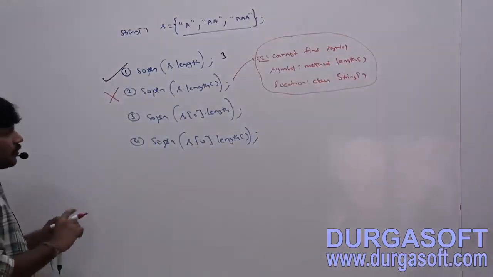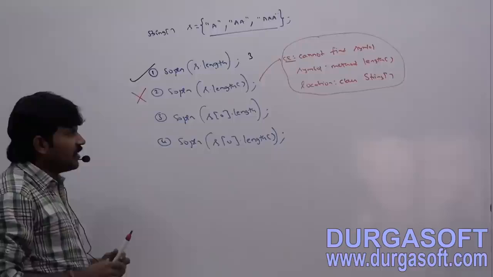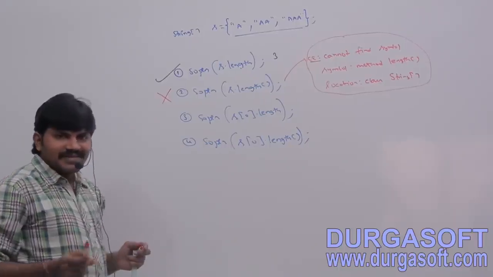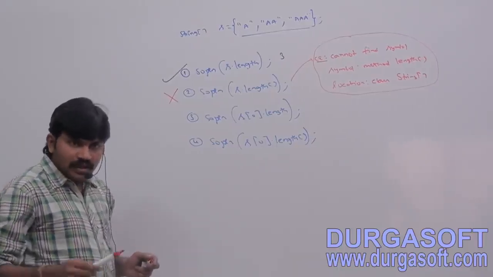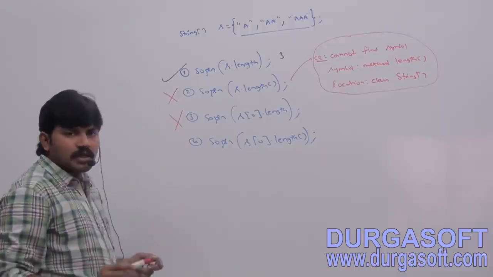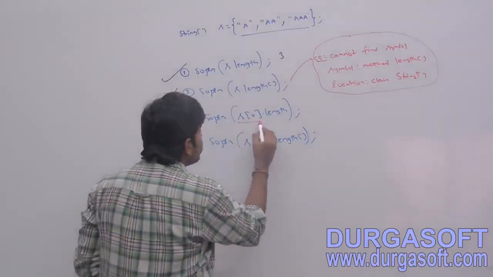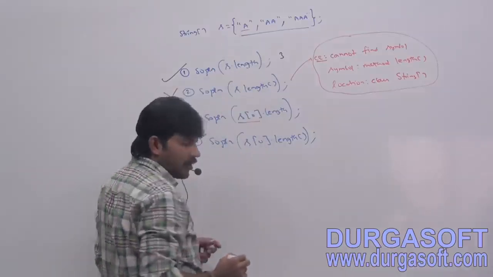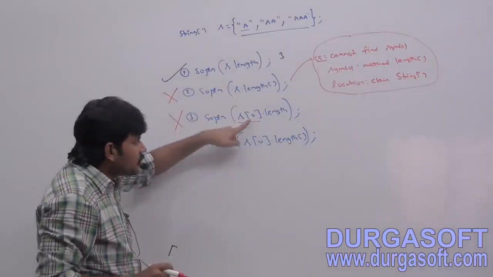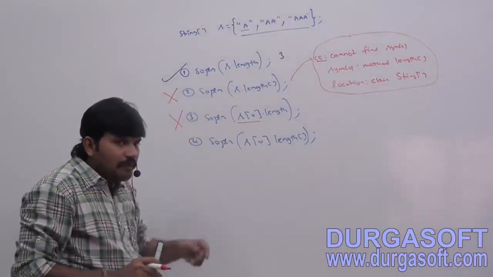Now, is s[0].length valid or not? Valid or invalid? Valid, right? No, we are going to get a compile-time error. s[0] is nothing but the first element in that string array, a string. For a string, is the length variable applicable or not?